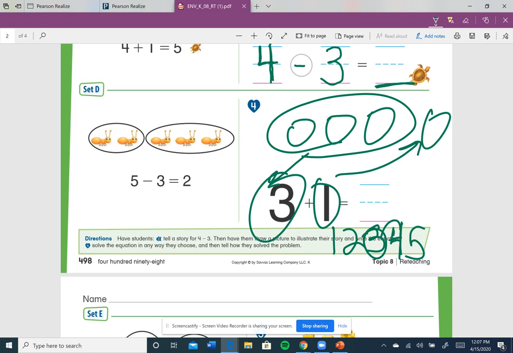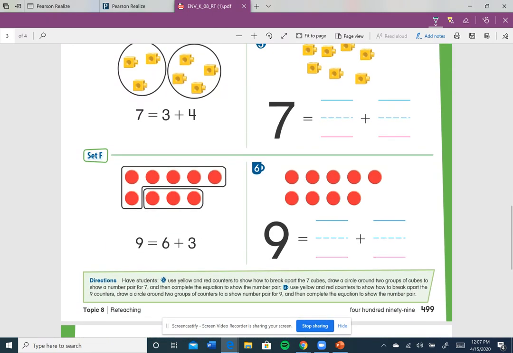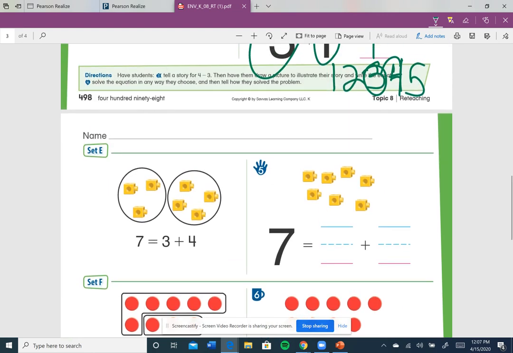Any way you want. And I know that's a lot of scribbling, it looks like, so hopefully we were able to follow along. But 3 plus 1 equals 4. Perfect. Now for 5, you need to be able to break apart 7 cubes.